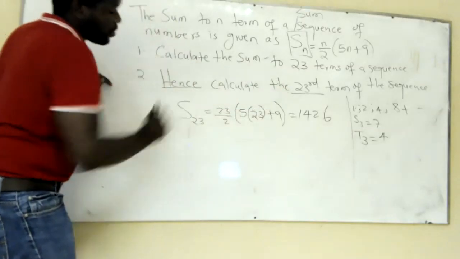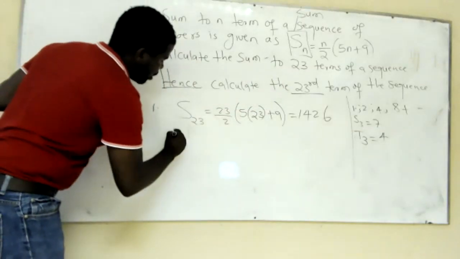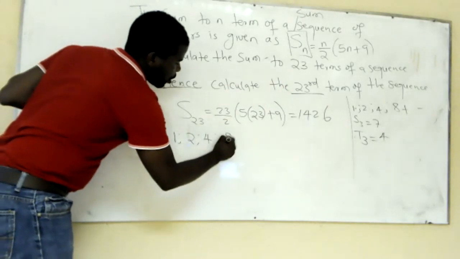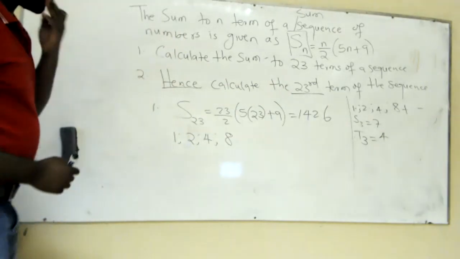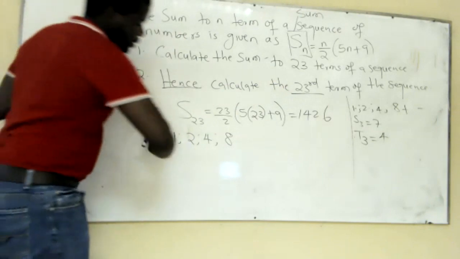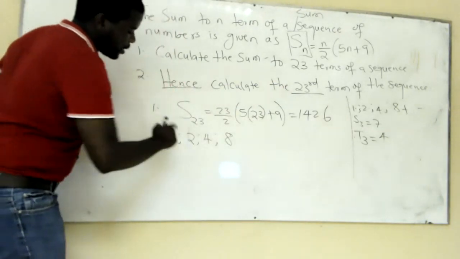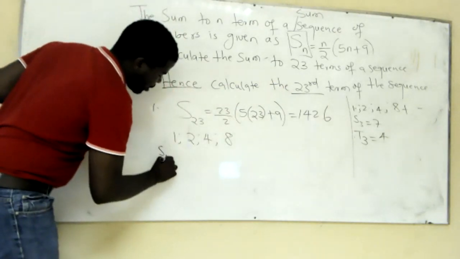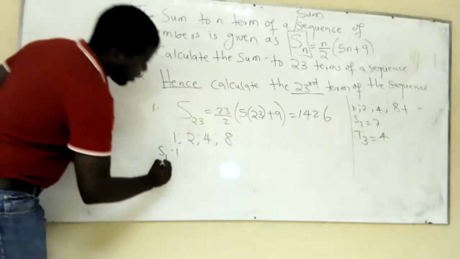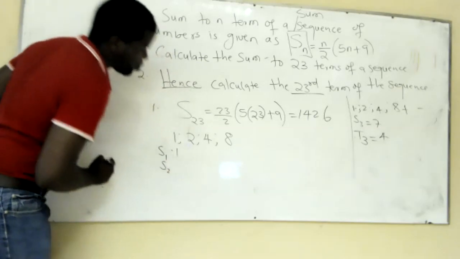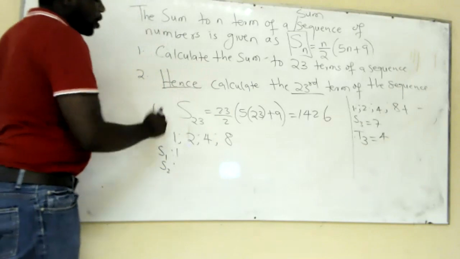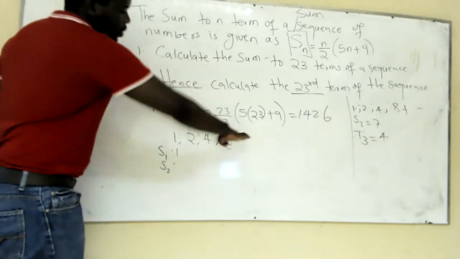Again, I'm going to give an example by the sequence we have there: 1, 2, 4, and 8. If we want to get the sum of this sequence, let's say sum 1, sum 1 of that sequence is going to be 1. And then what will be sum 2 of that sequence? Can any one of you tell me the sum 2 of this sequence we have here?